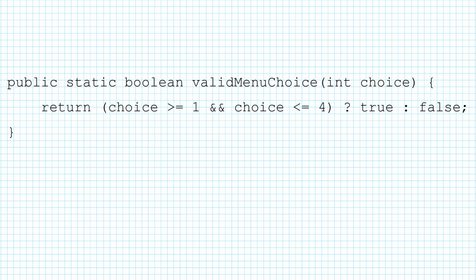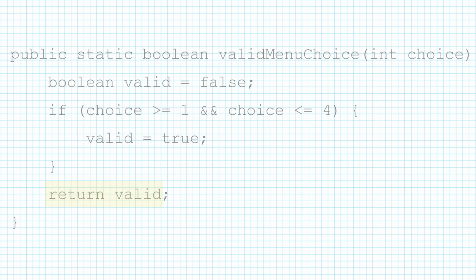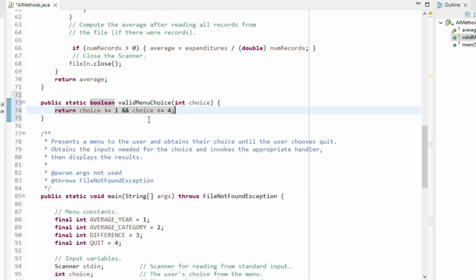Or you can do this with the conditional or ternary operator, or you can set valid to false by default and then only change it to true if the input is valid. There are a lot of ways we can set the variable, and then we return valid at the end of the method. However we choose to write it, the method is going to return true for a valid menu choice and false for an invalid menu choice.